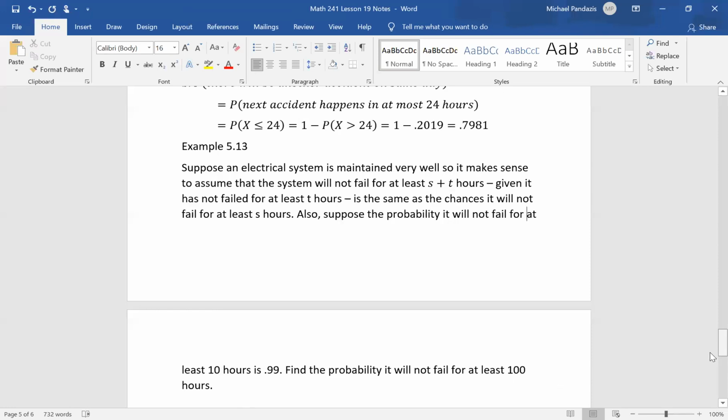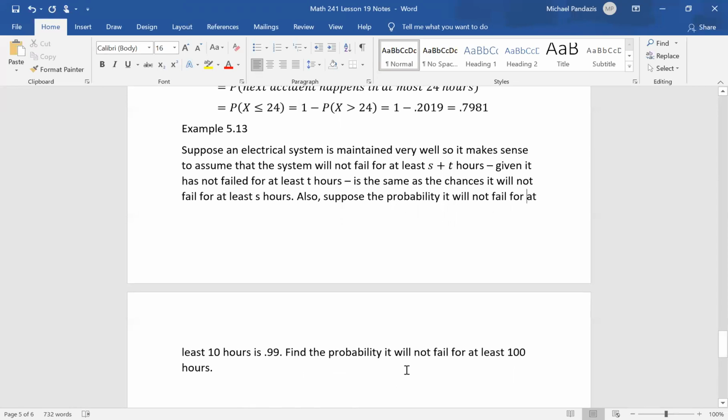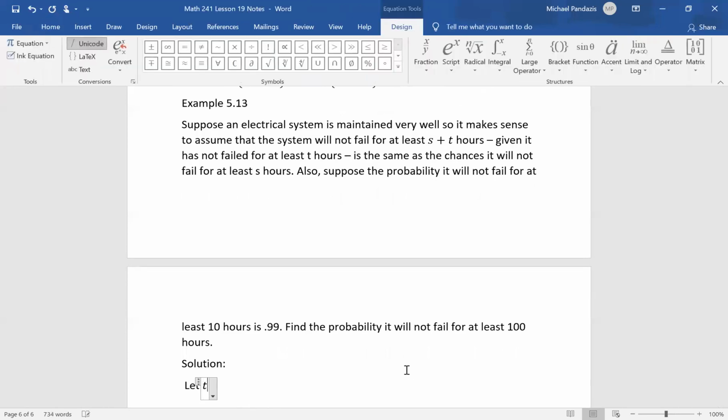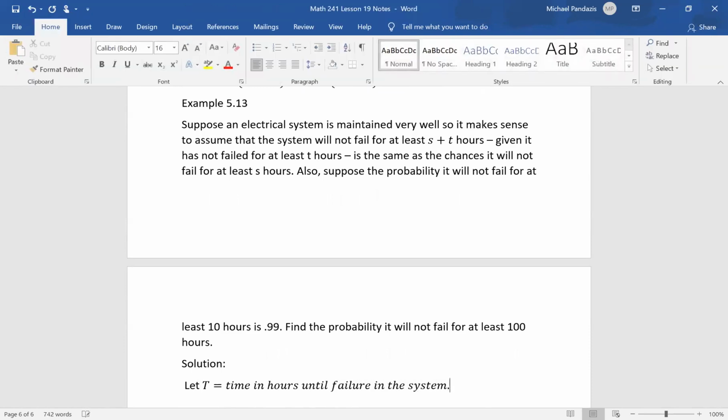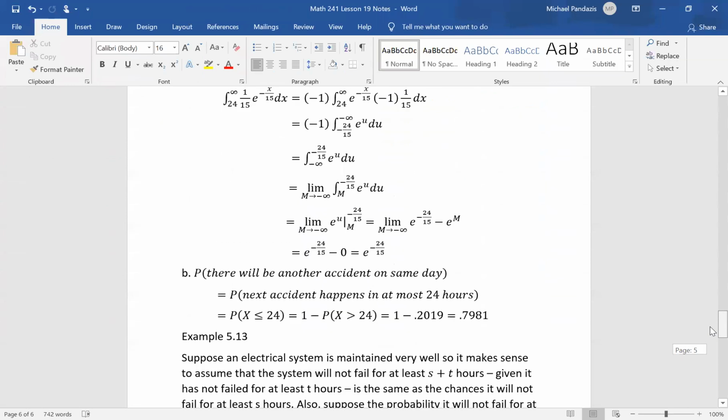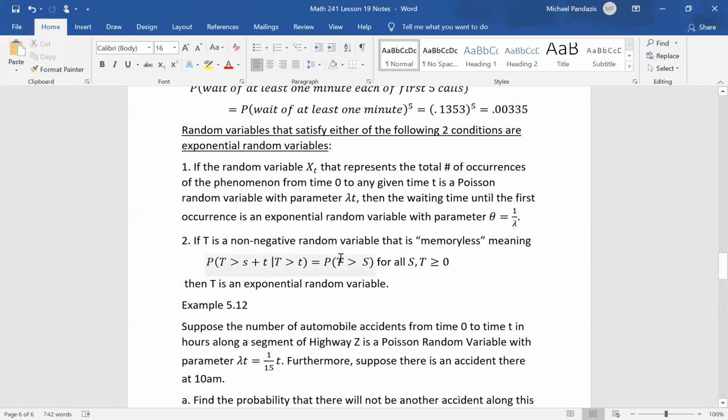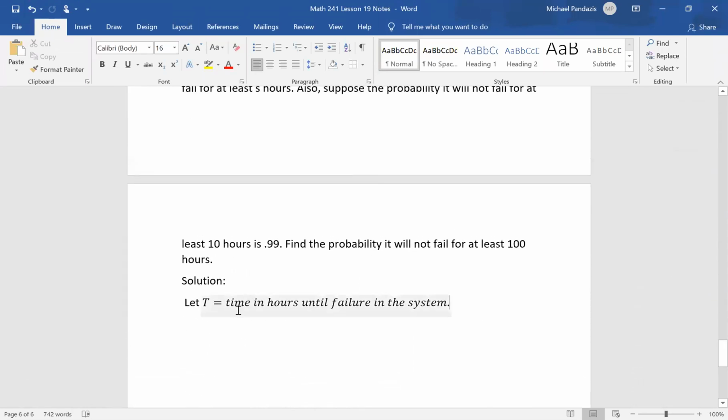Okay. So what I'm going to do is, as a solution, I'm going to let capital T equal the time in hours until failure in the system. Now let's look at this weird thing here. If capital T is a non-negative random variable, so here, time in hours until failure in the system, T is non-negative, right?